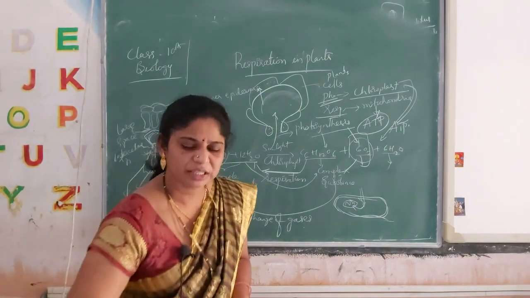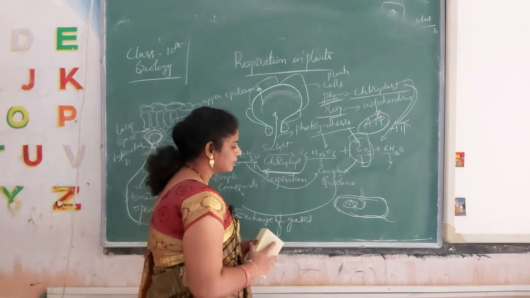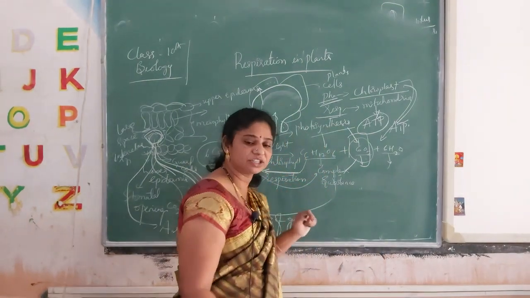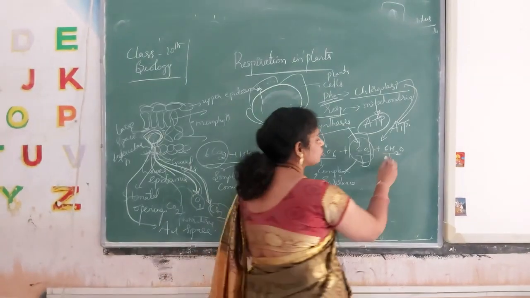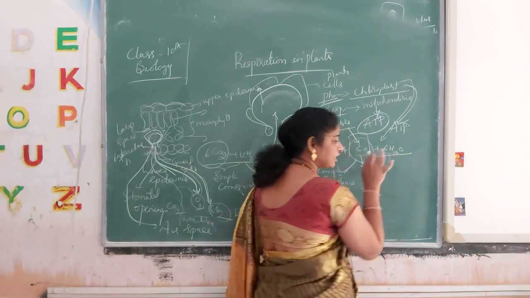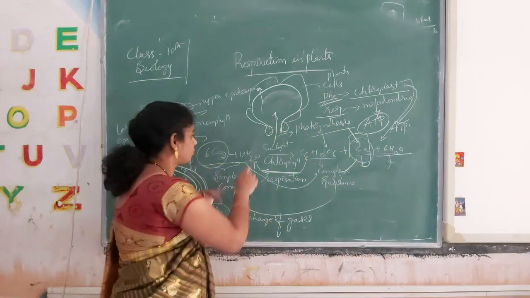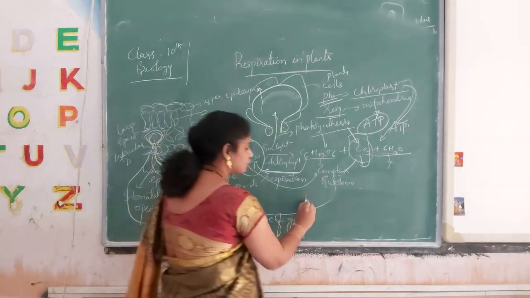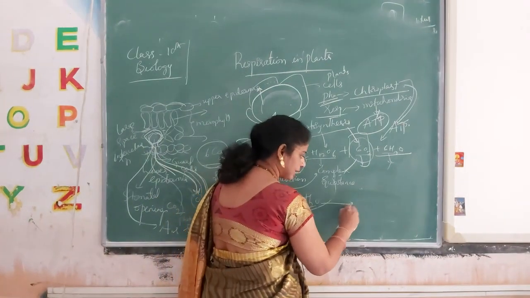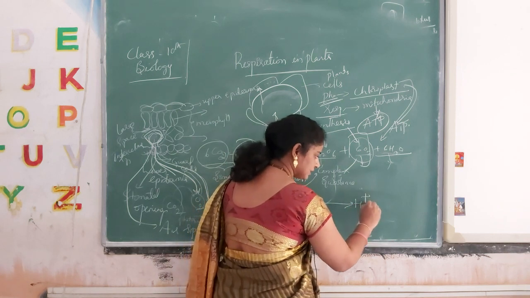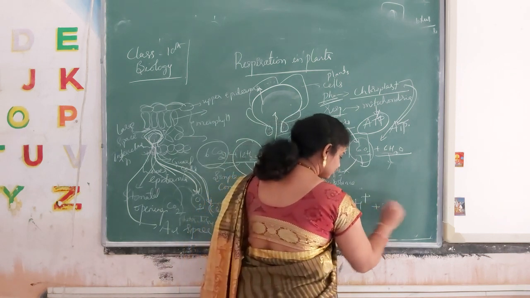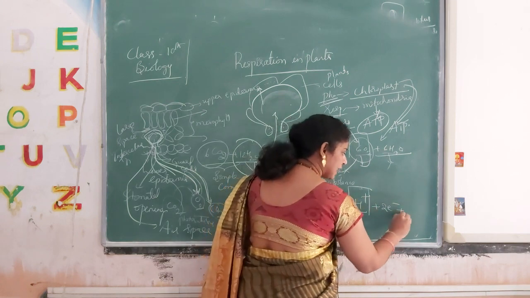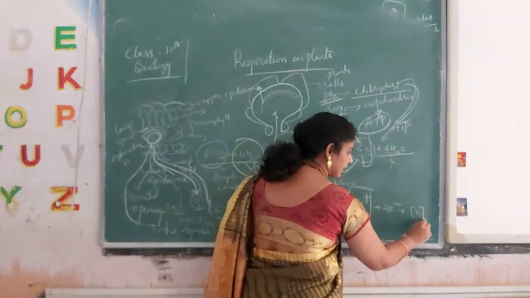See here, one thing I said in the light reaction. What is happening? H2O, carbon dioxide. During photosynthesis, H2O is broken down into H plus, 2 electrons, 2 protons. H plus is nothing but protons, and an oxygen molecule is evolved.